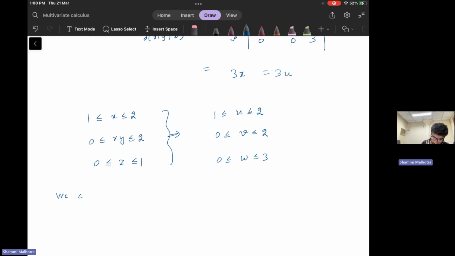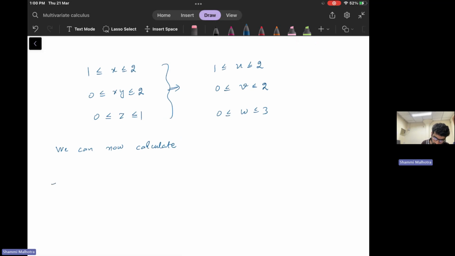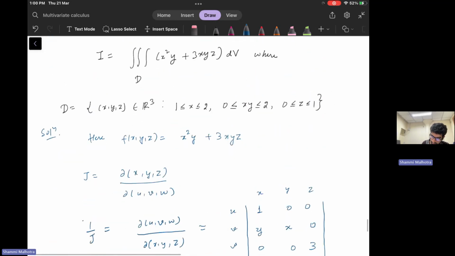So we can now calculate. I is nothing but this integral of x square y plus 3xyz dV.